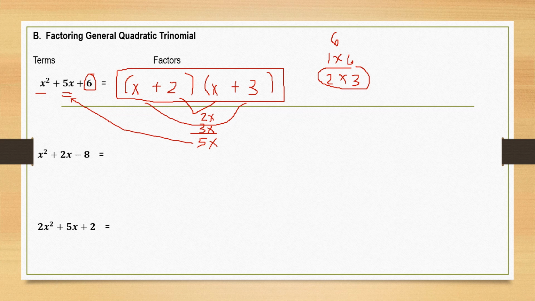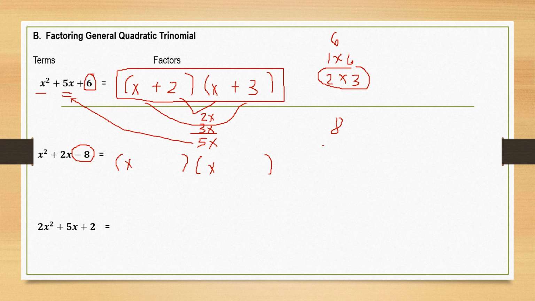Okay, let's have the next one. x squared plus 2x minus 13. First, let's have x squared. x squared is equal to x times x. We have negative 8 here. Now, what are the factor pairs of negative 8?